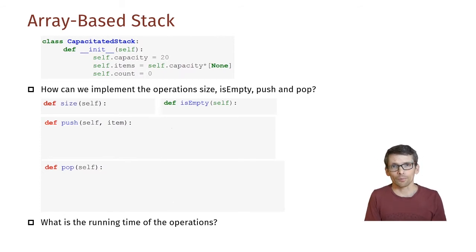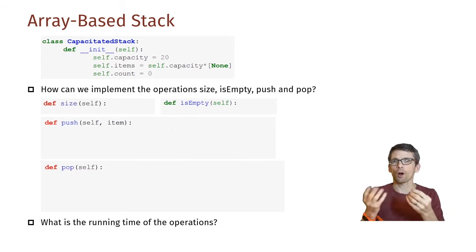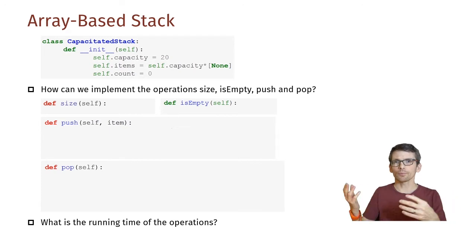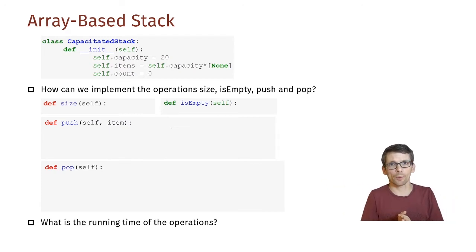Okay, so maybe I should briefly say, we have here a class called capacitated stack. If you haven't worked with classes yet, that is not really important to see what's going on. The reason we have a class here is because we see the stack as an object with properties, and these properties are simply the parameters of the stack.